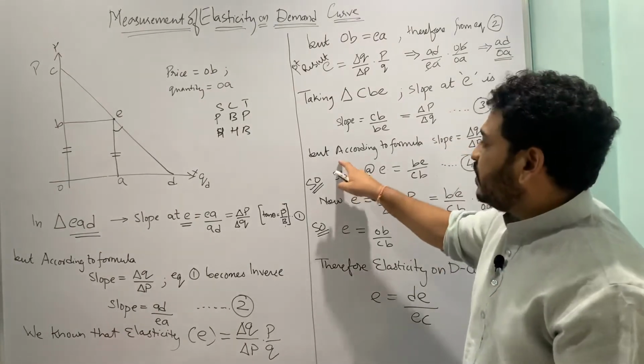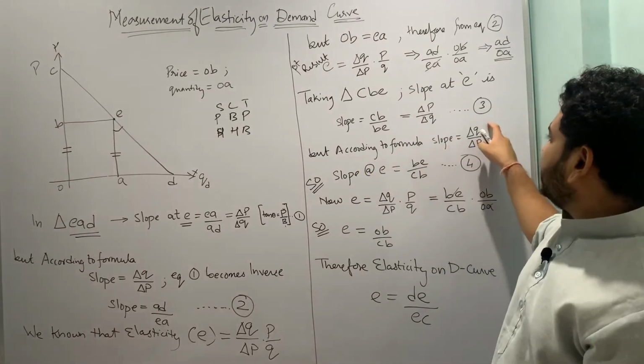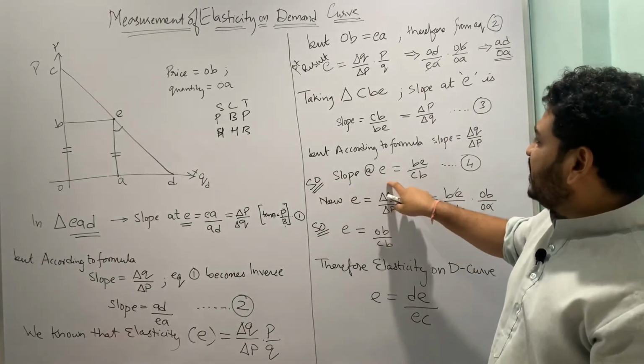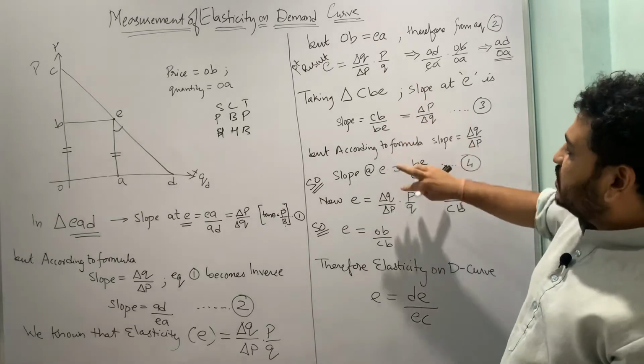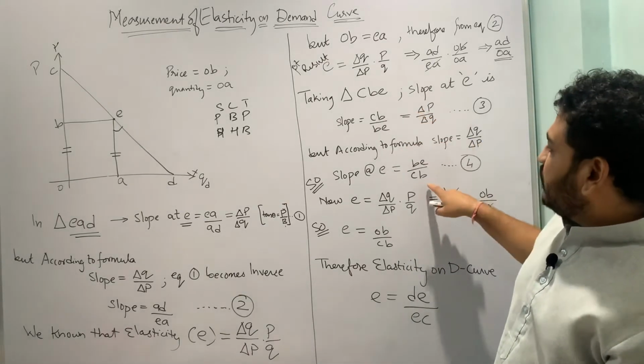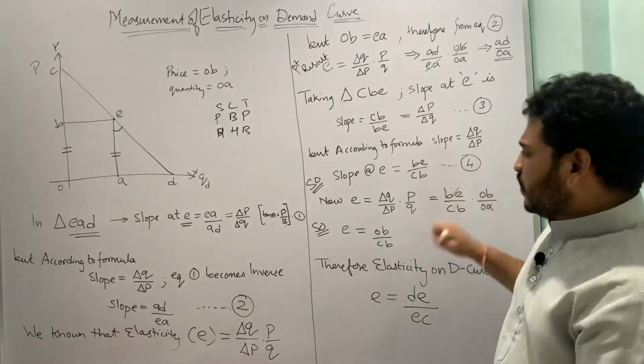But according to the formula we know that slope is delta Q divided by delta P. So the slope at E is the inverse of this. BE will go in the numerator and CB will come in the denominator, and let us name this equation 4.